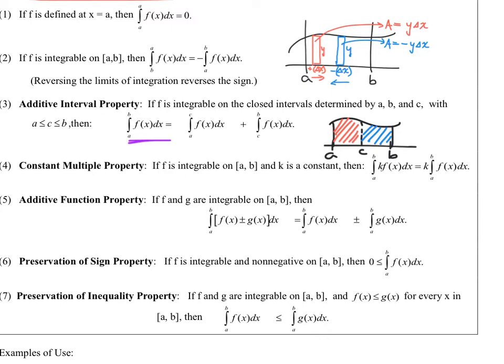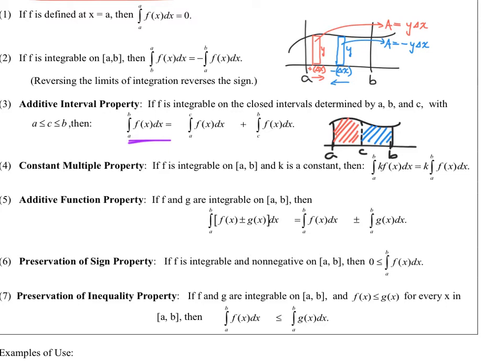Preservation of sign. If f is integrable and non-negative on a to b, then you would expect your area to be non-negative, so greater than or equal to 0. That's basically telling us that if you have a curve that's above the x-axis, you should expect a positive area.